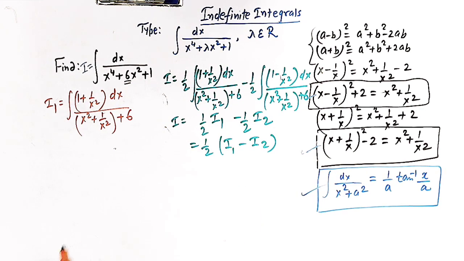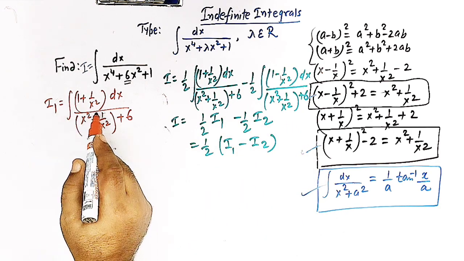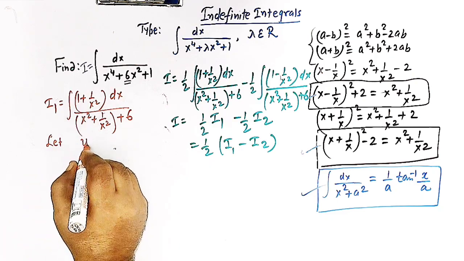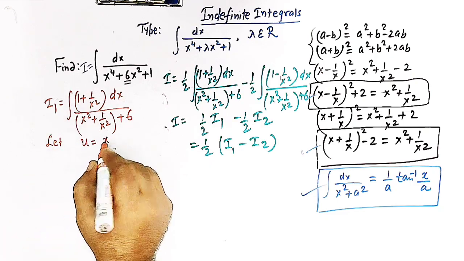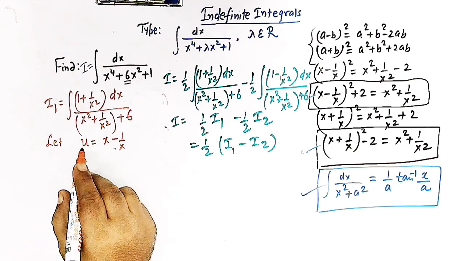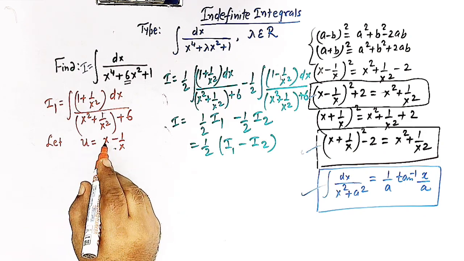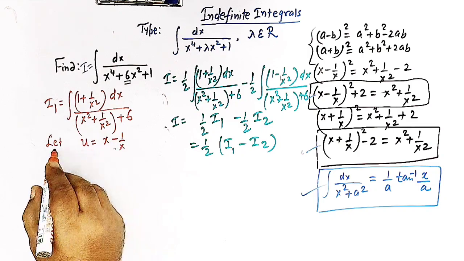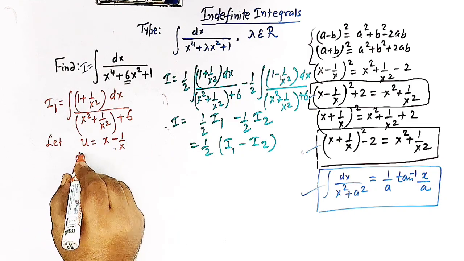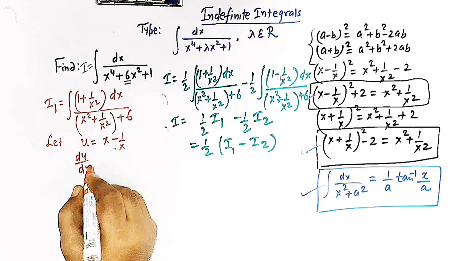So now to solve I1 and I2, we will make use of the method of substitution. So here we have I1. Let us substitute u is equal to x − 1/x, right? When we take u is equal to x − 1/x and differentiate both sides with respect to x, we have du/dx.